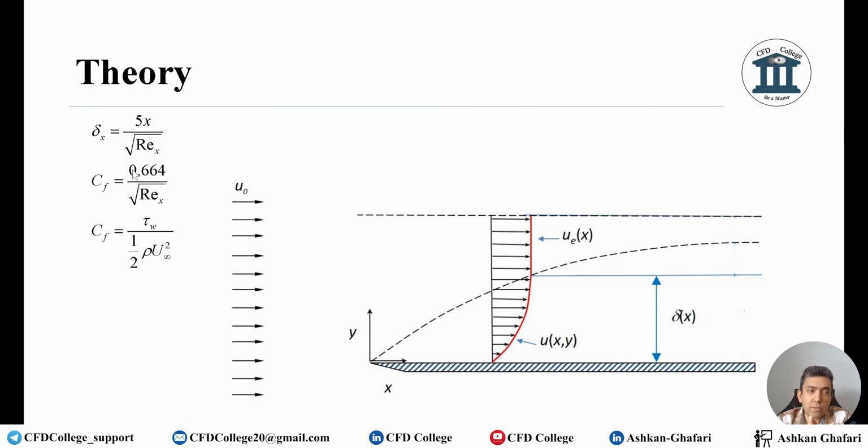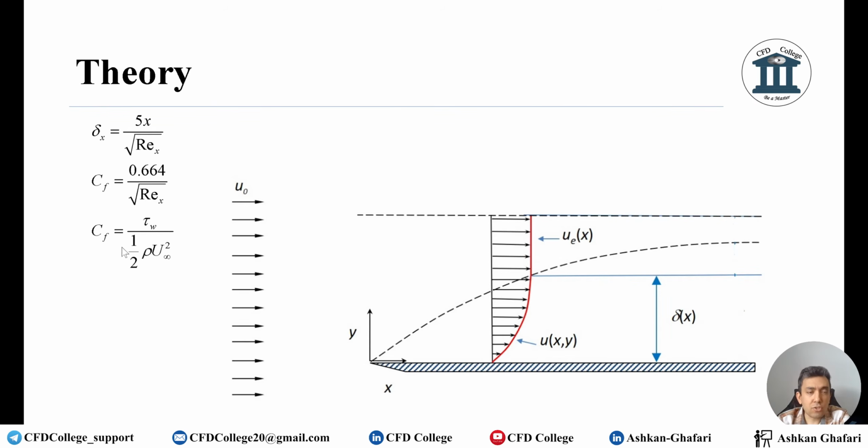And at that point, we can find the friction coefficient by this formula: 0.664 over the square root of the Reynolds number. These formulas are valid in laminar flow. We have similar formulas for turbulent flow.